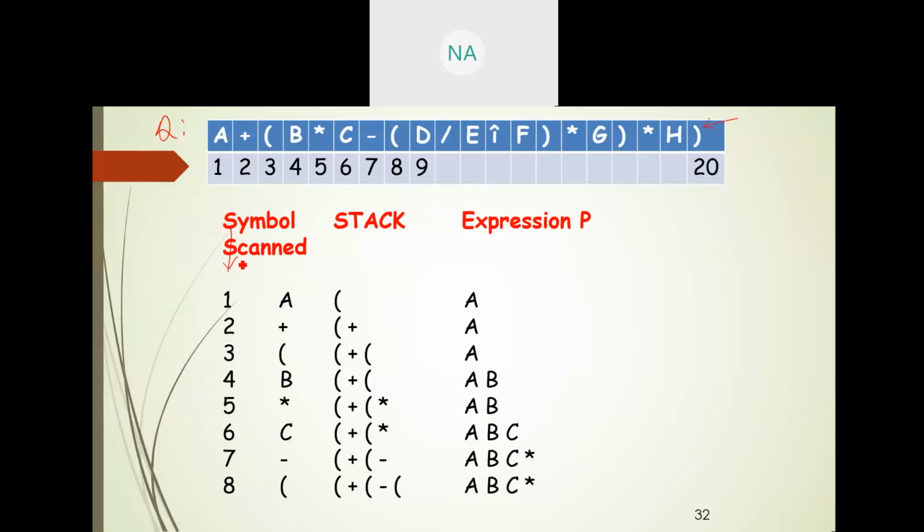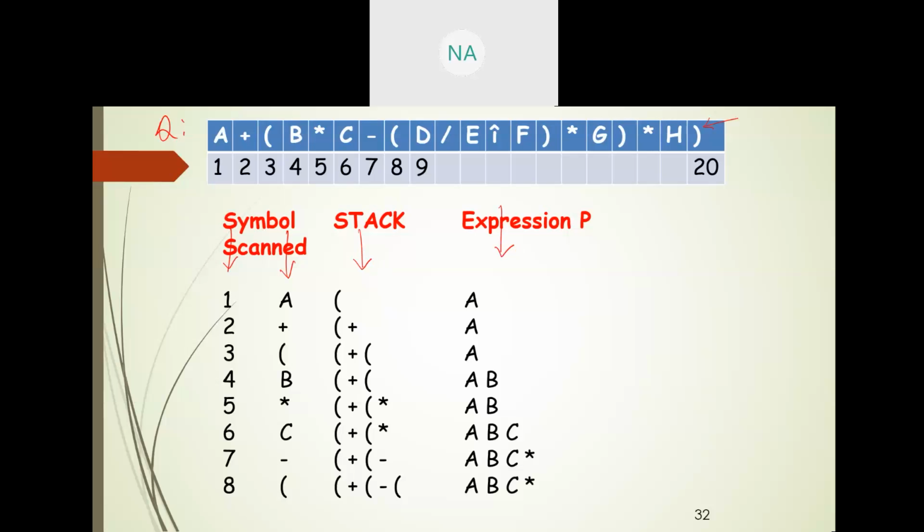First, the number of the symbol. Second, the symbol scanned. Then we have the stack, and then we have the corresponding expression P written in postfix notation.